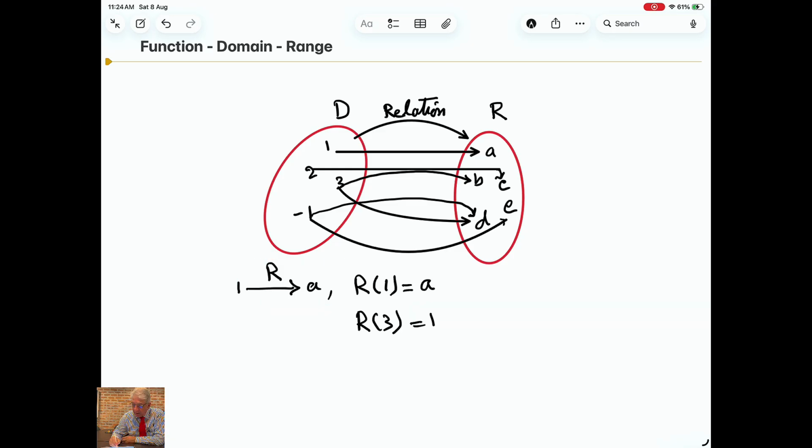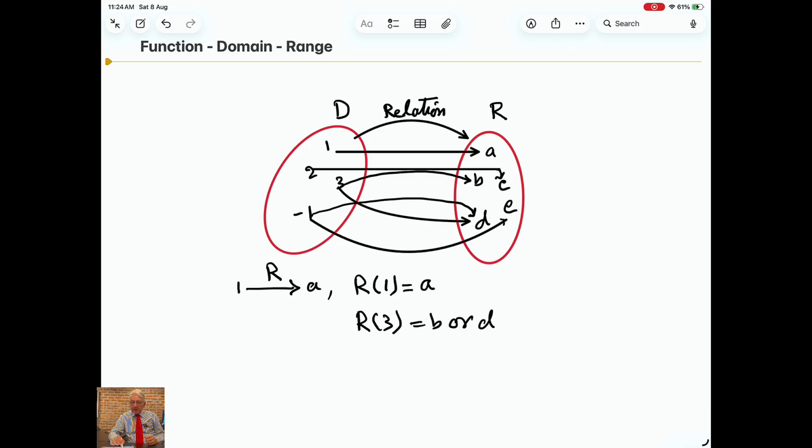Maybe B or maybe D. Therefore, there are two answers for this. We are saying this relation is not well defined, or is one to many. If it is one to many, it is not a function. That means in function we want everything to be well defined. Every element of domain should be well defined.